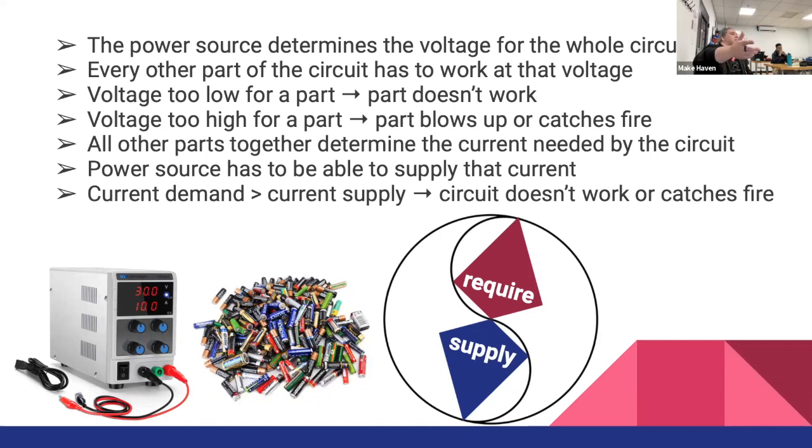But you can measure that at the power supply as well. But the power source has to be able to supply that much current. If it can't, the circuit will just not work. It might work some and then fail, it might work intermittently, or it might just not work at all. So if the current demand is greater than the supply, the circuit won't work.